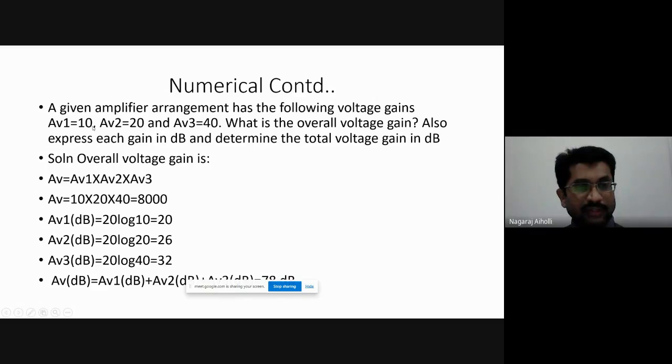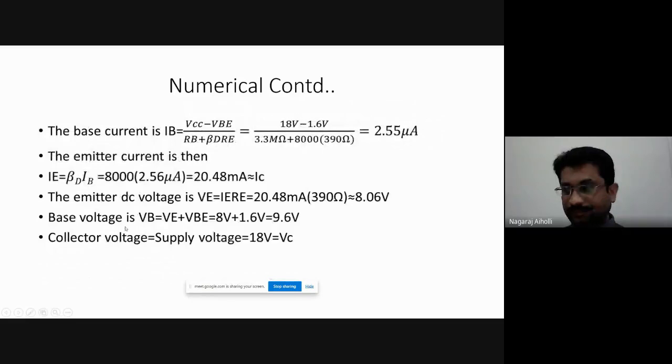Now for the first one, the given gain is 10. 20 log 10 to the base 10. Calculate how much it is. Take your calculation, all of you. Everybody should calculate. I may ask randomly anyone. 20 log 10 to the base 10 is how much?